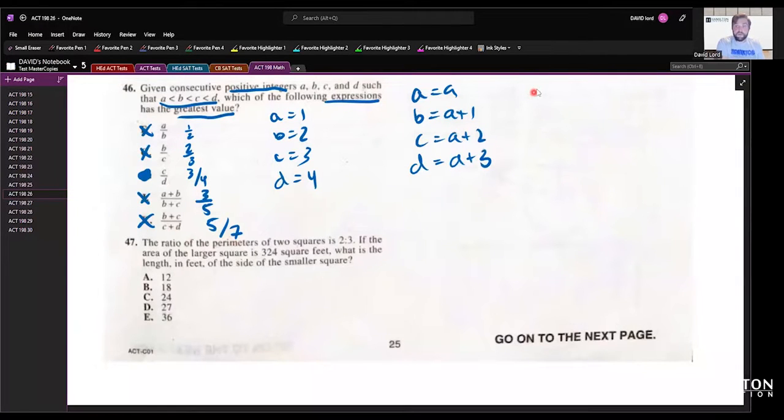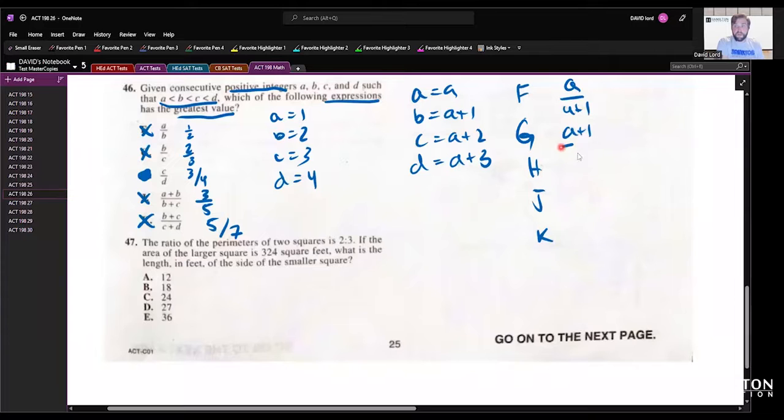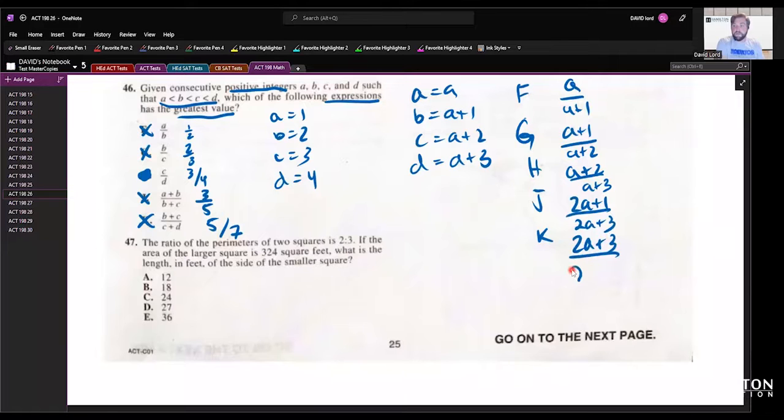So as we go through our choices of F, G, H, J, and K, we then get A over A plus 1, A plus 1 over A plus 2, A plus 2 over A plus 3, and J is going to be 2A plus 1 over 2A plus 3, and K would be 2A plus 3 over 2A plus 5.